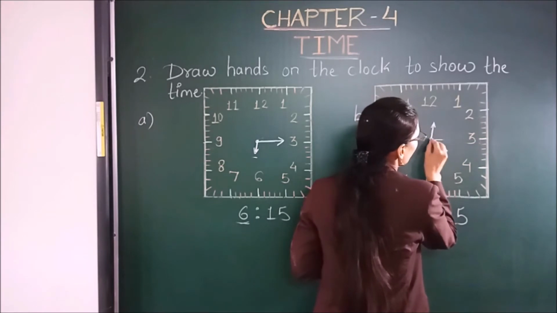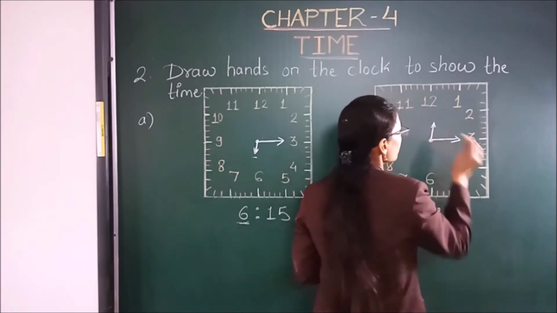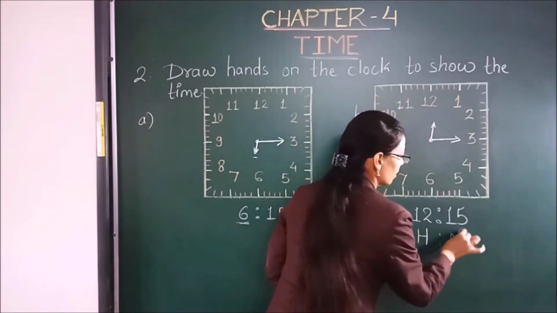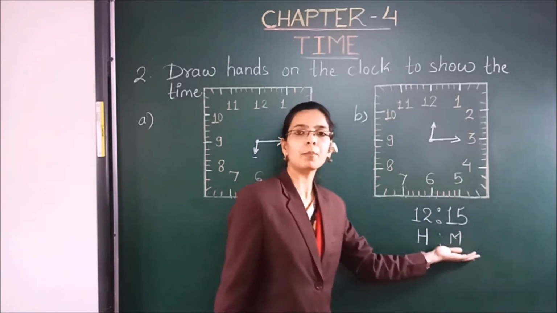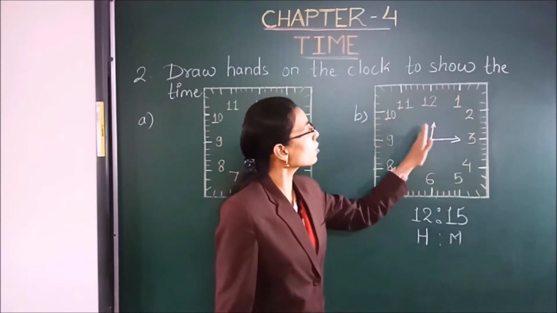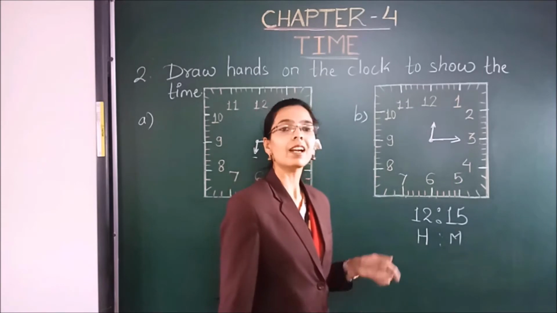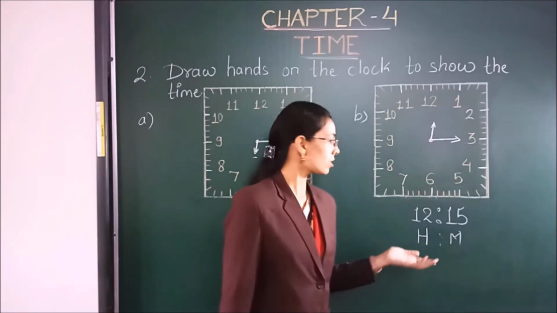Here. So we will draw our minute hand at 3. Here is the minute, here is the hour. After the two dots, the minutes come. So how will we show 12:15? In this way: the hour hand has crossed 12 a little and the minute hand is at 3.